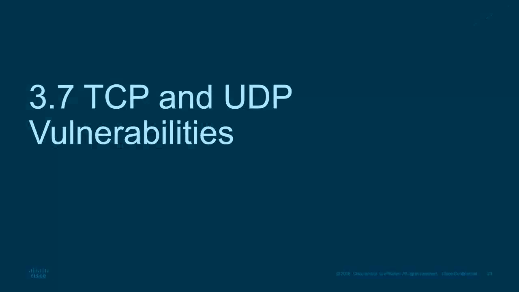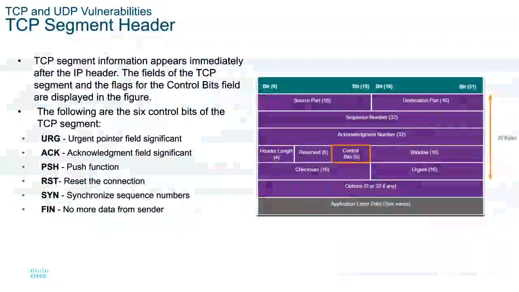Next, we'll move into TCP and UDP. So this is layer 4 vulnerabilities. And remember, our header is made up of various segments or fields, and one of these areas is control bits.